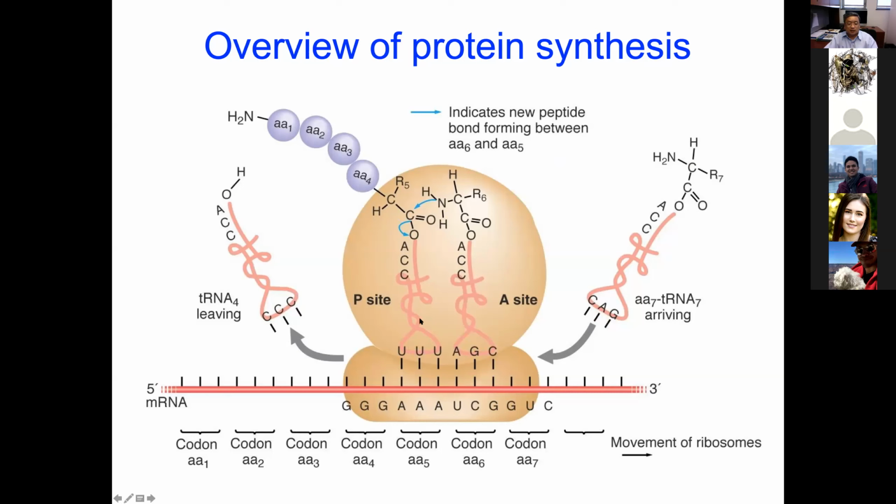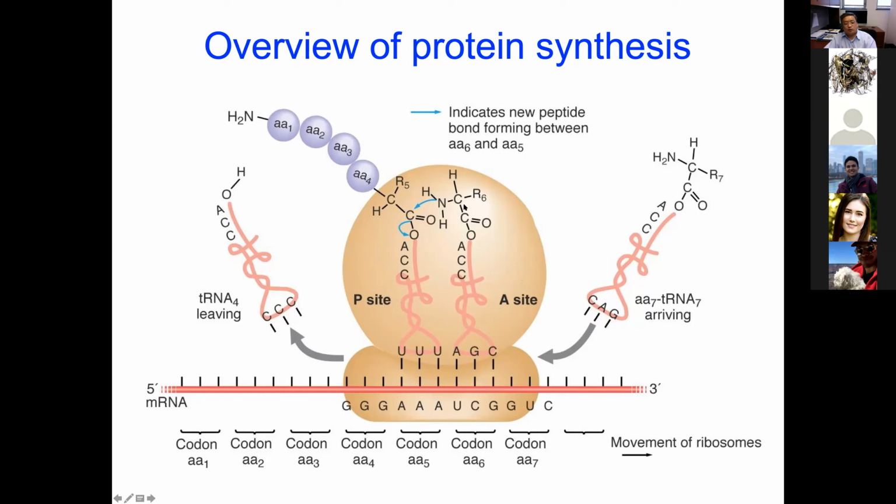Now, this is the tRNA molecule, which binds to the P site of the ribosome. And it is coupled on the 3' end to a growing polypeptide chain. And then you see the next position, which is the A site. Now you see that CCA coupled to a new amino acid.